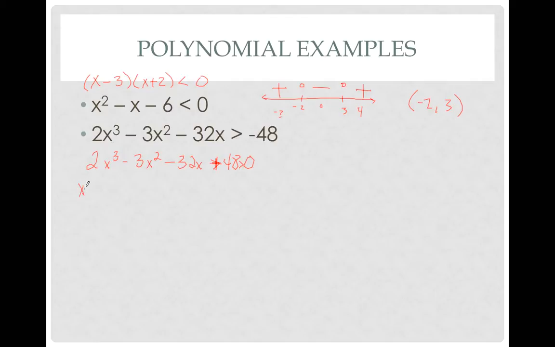So if I take the x squared out of the first two terms here, I get 2x minus 3. And I take the 16 that's in common out of this, I get 2x minus 3. Well, now this factors to 2x minus 3 times x squared minus 16.